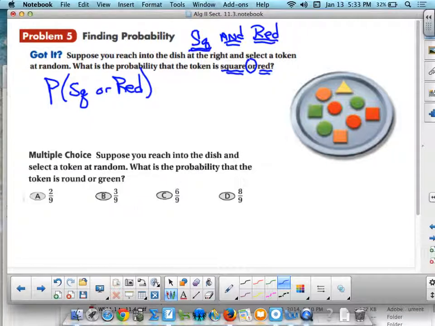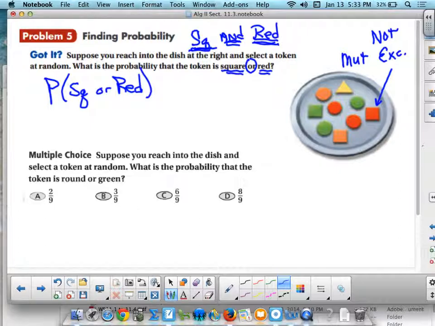Well, I believe this is it. This is a square and it's red. So because of that, this is not mutually exclusive because it can happen. You can get a square and it's red. So it's not mutually exclusive.